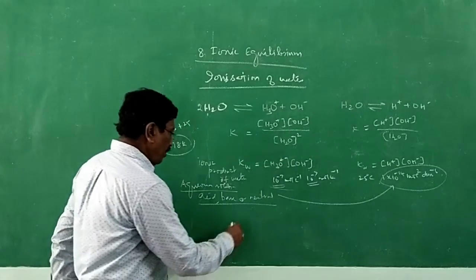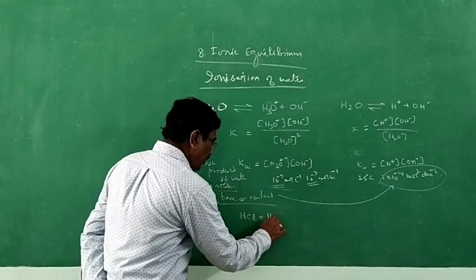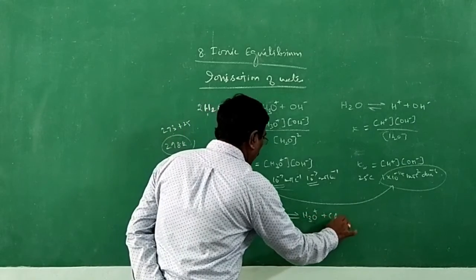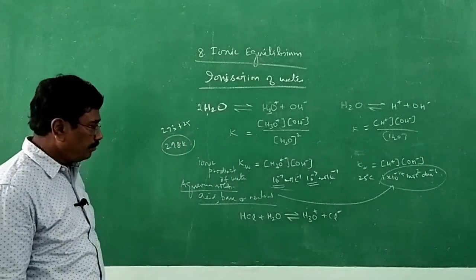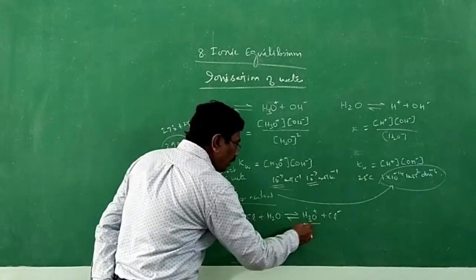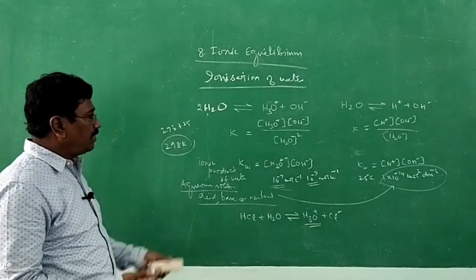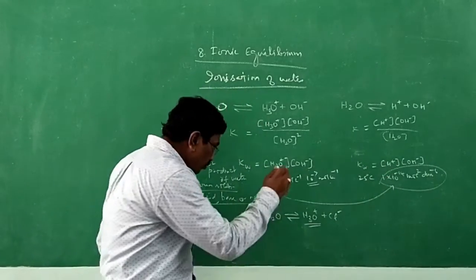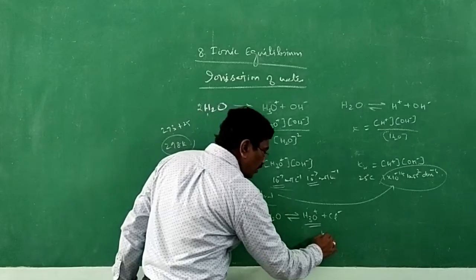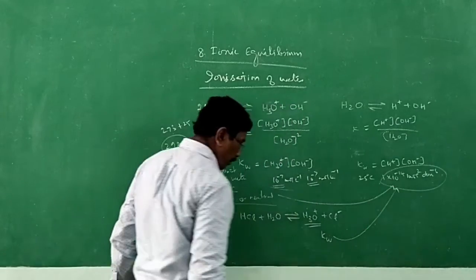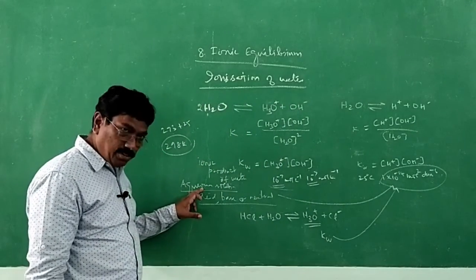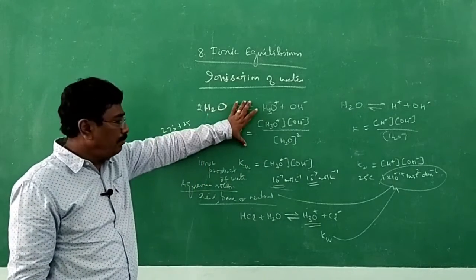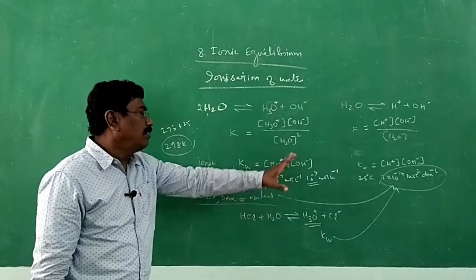The reason is, hydrochloric acid, if it gets ionized, will give hydronium ion and chloride ion. Now we have got only hydronium ions. Then how can I say the product of the concentrations of hydronium ions and hydroxide ions will be equal to this much? What I am saying is Kw for this solution is this much. For an aqueous solution of acid, base or neutral solution, or even water, any aqueous solution will have Kw only this much.